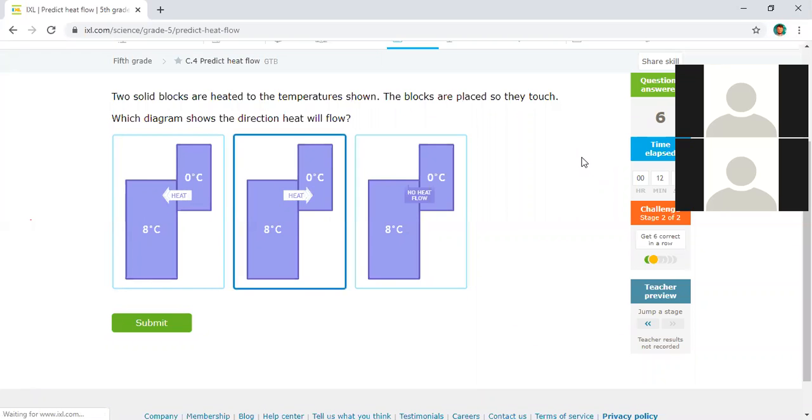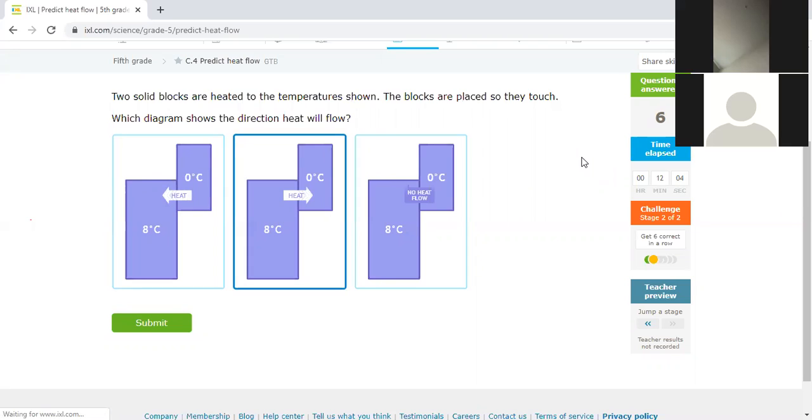So guys, I'm going to go with Stella because 8 degrees, which is very cold, and then 0 degrees, which is super cold, even if this is cold, it would still warm up this one. It would do it very slowly, but it would still work. Snow is much warmer than ice. Believe it or not.